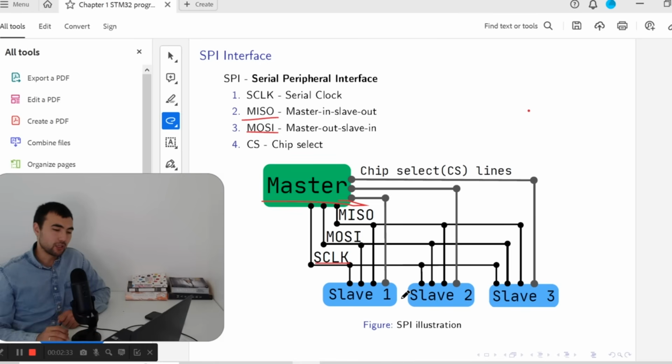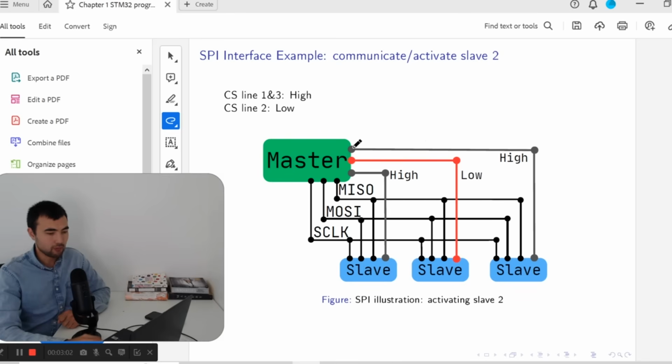In addition, in SPI interface, the master cannot communicate with several sensors, several slaves at the same time. So it is not parallel communication. Therefore, we have these chip select lines to choose the slave to communicate with. For example, if master decides to communicate with this slave, it will keep the corresponding line low, logical low, or let's say 0 volts.